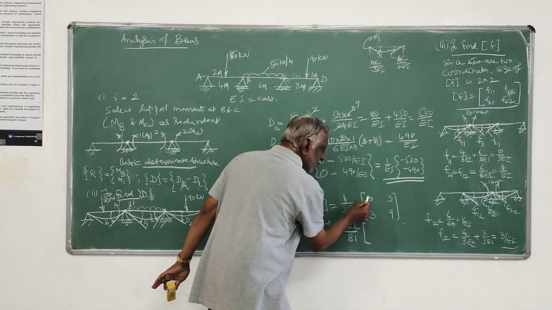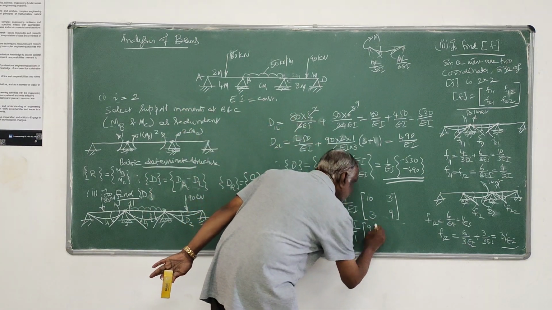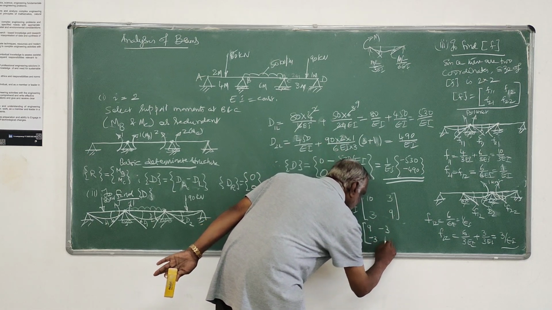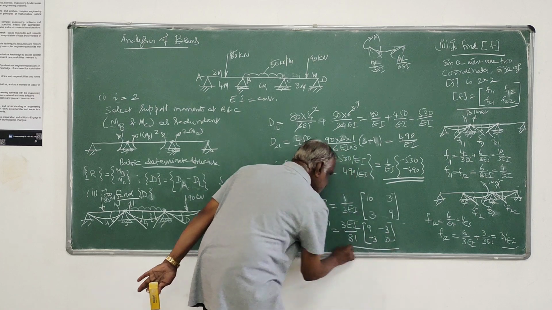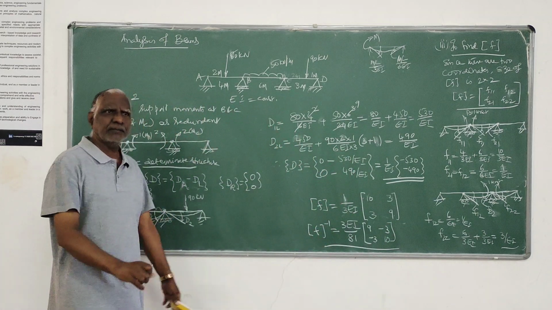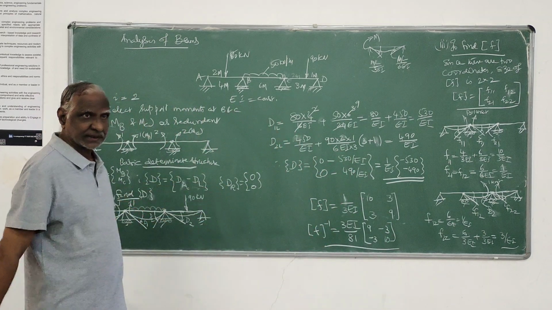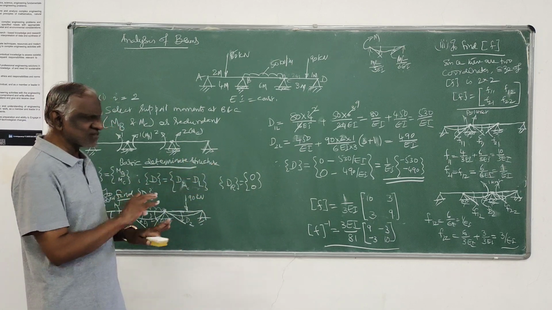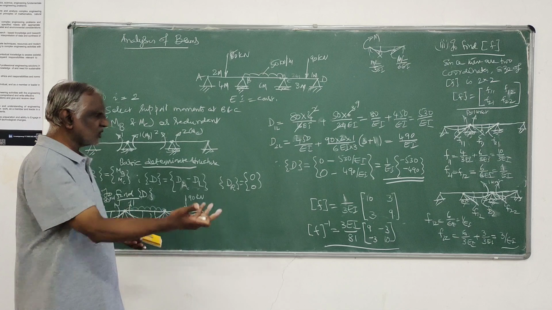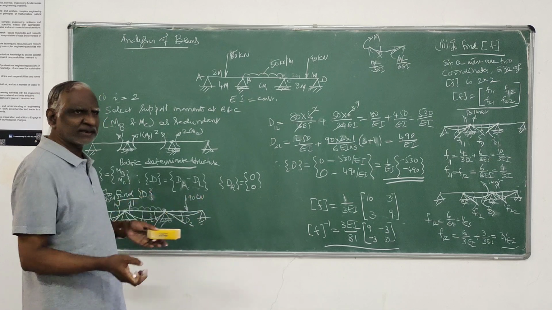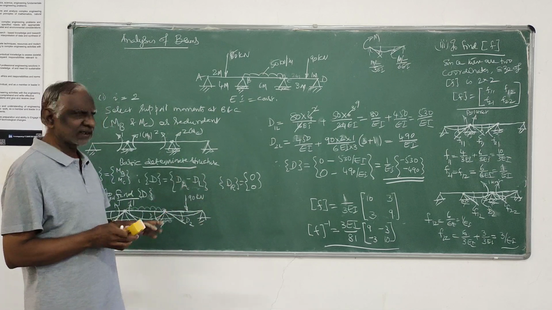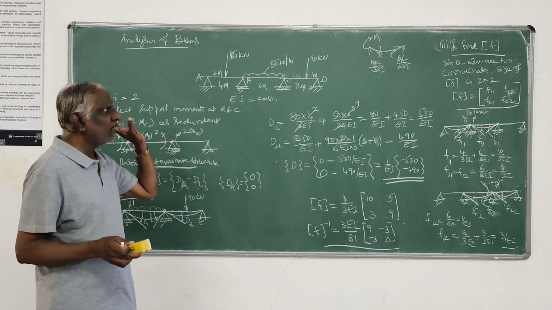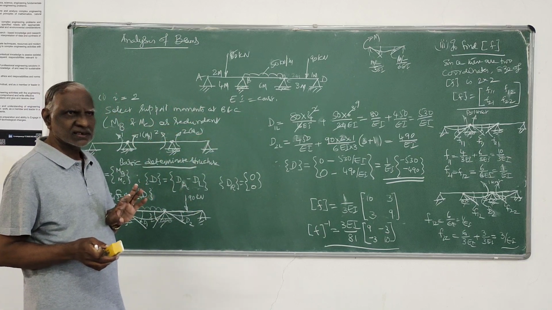So this is nothing but 9, minus 3, minus 3, 10. This is the inverse of the matrix which you can straight away write. Until degrees of freedom is 2 or 1 it is a very simple process. 3 also you can do with a little bit of extra time. Other than that, nothing. So these 2 steps are the major calculation steps.